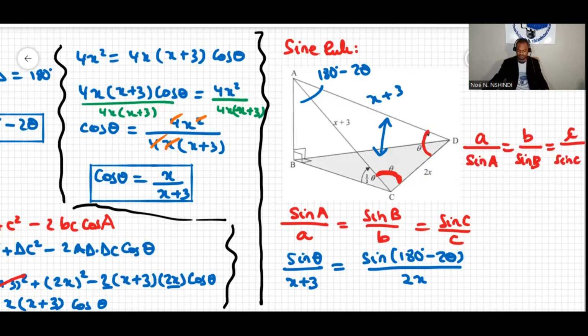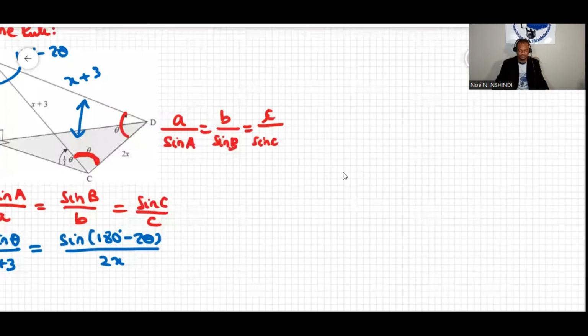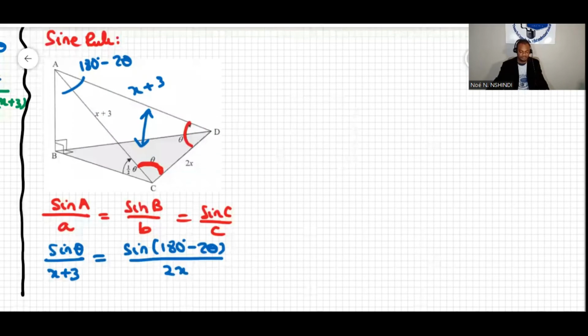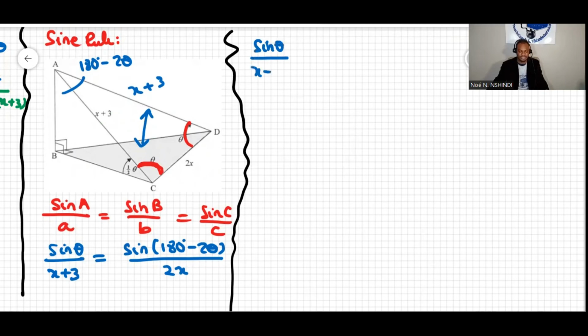Now let's move the board like this. Because of space, I am going to take this out. So now what we have is sine theta over x plus 3 equal to sine of 180 minus 2 theta.